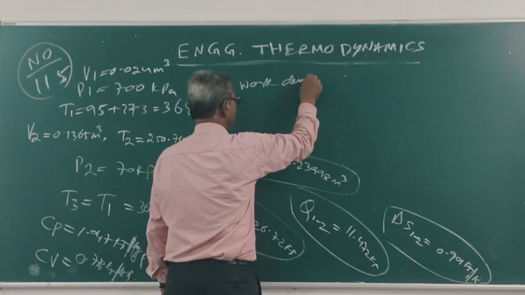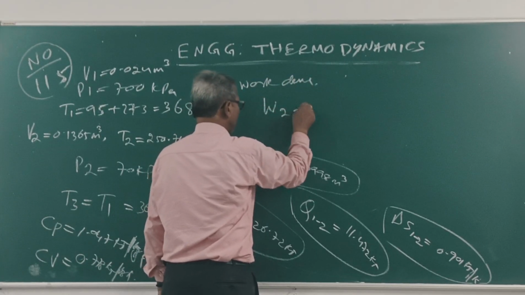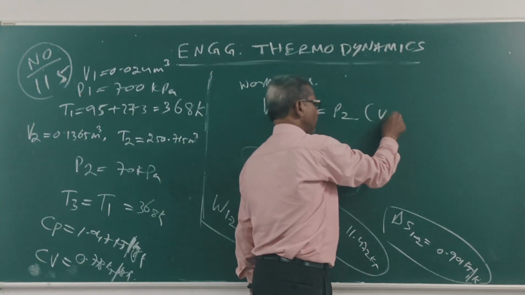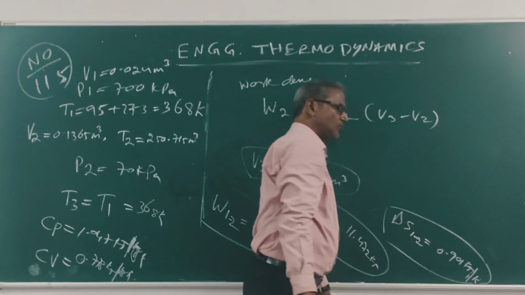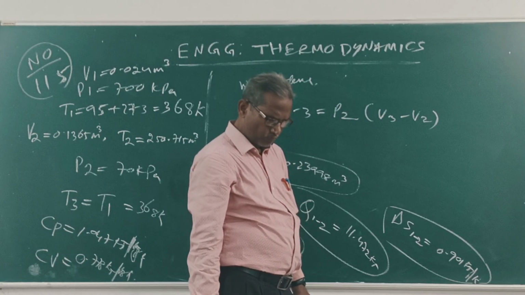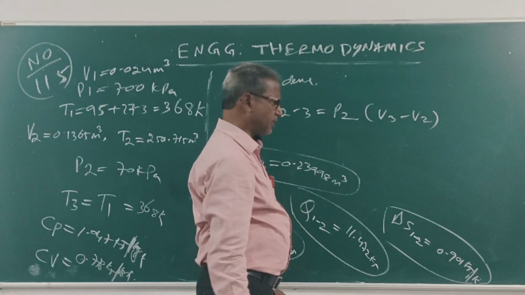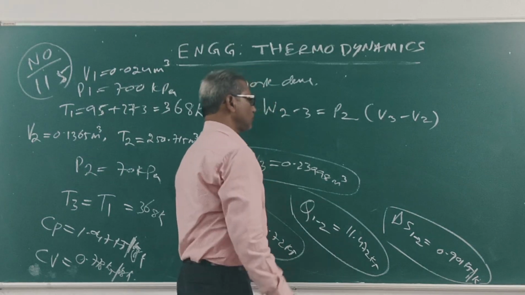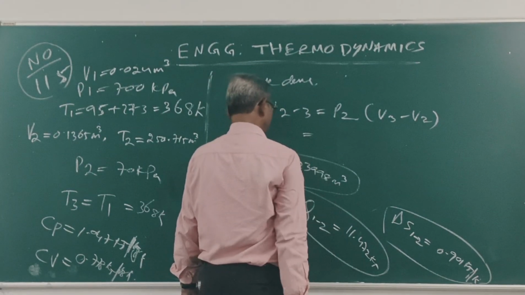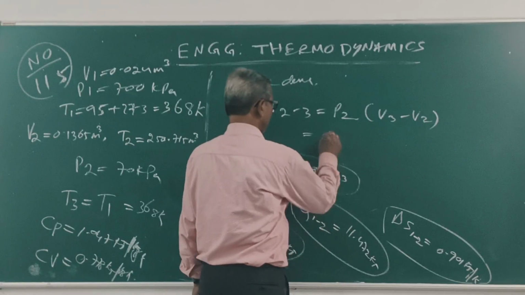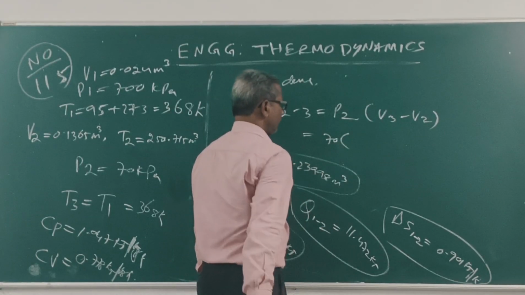Now, what is W23? W23 is equal to P2 into (V3 minus V2). So what is P2? P2 is 70 into (V3 minus V2).